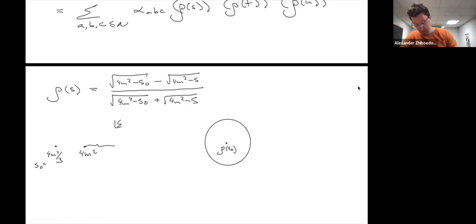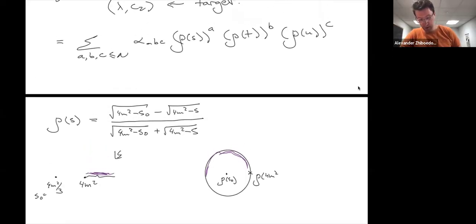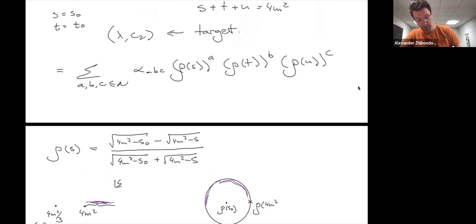So it's a map of a two-particle cut. If you go above the cut to infinity, it maps to the boundary of the disk here. And now you truncate the series.